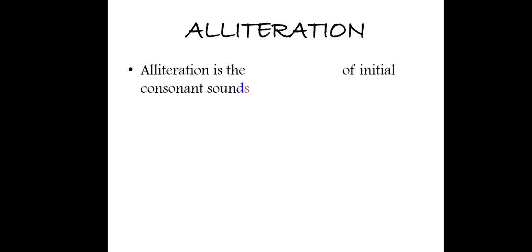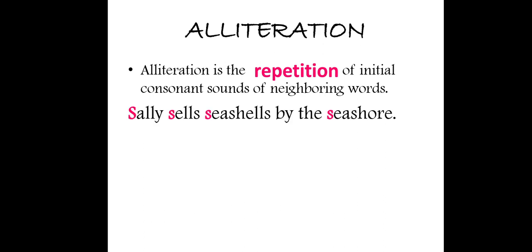Now the another figure of speech is alliteration. Alliteration is the repetition of the initial consonant sound of neighboring words. As you can see in this example, Sally sells sea shells by the seashore.